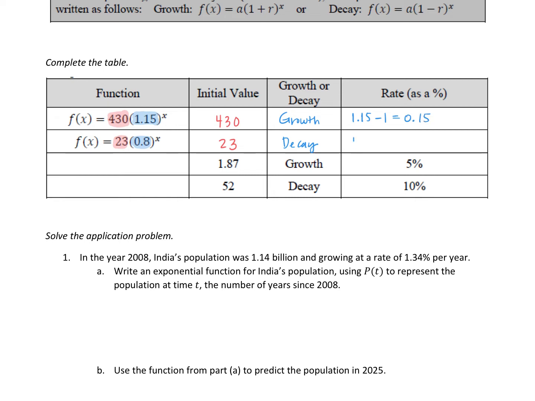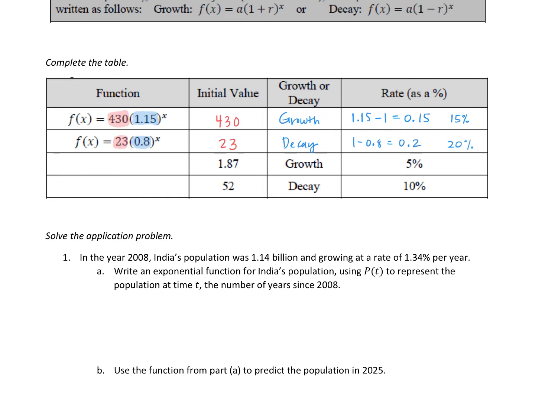And then 1 minus 0.8 is 0.2. To change it to a percent, you would just multiply by 100. So the first one is growing at a rate of 15%. The second one is decaying by a rate of 20%.